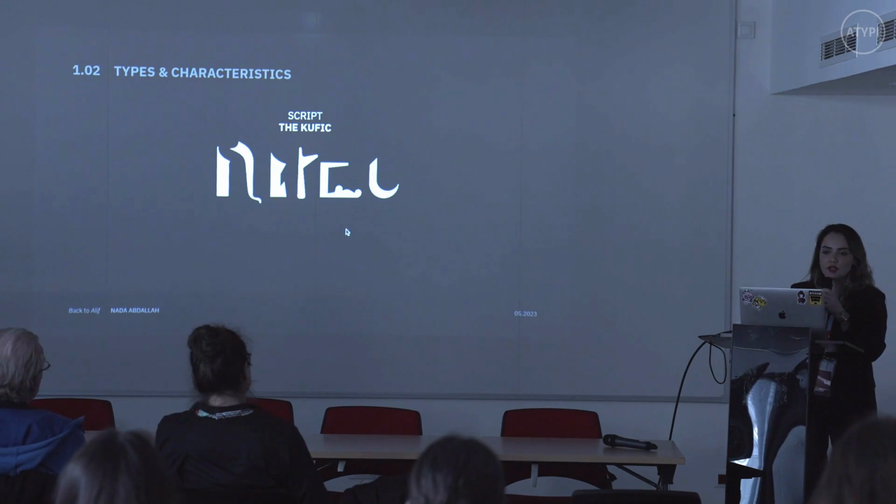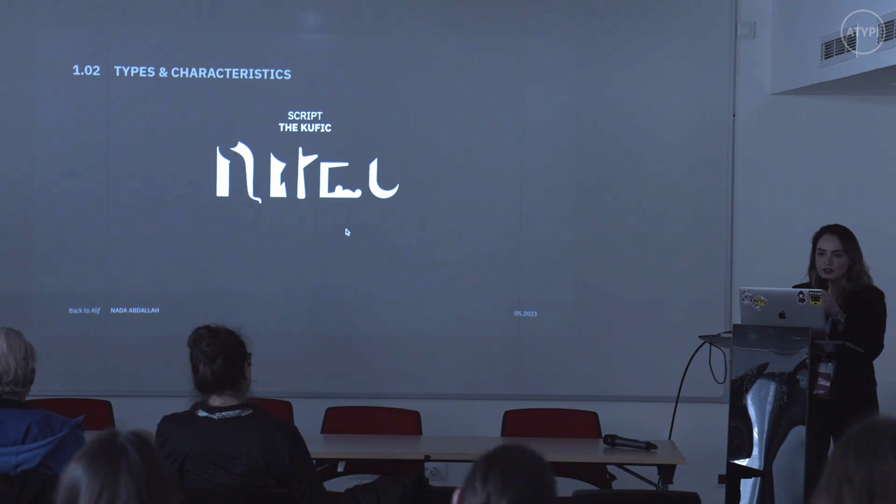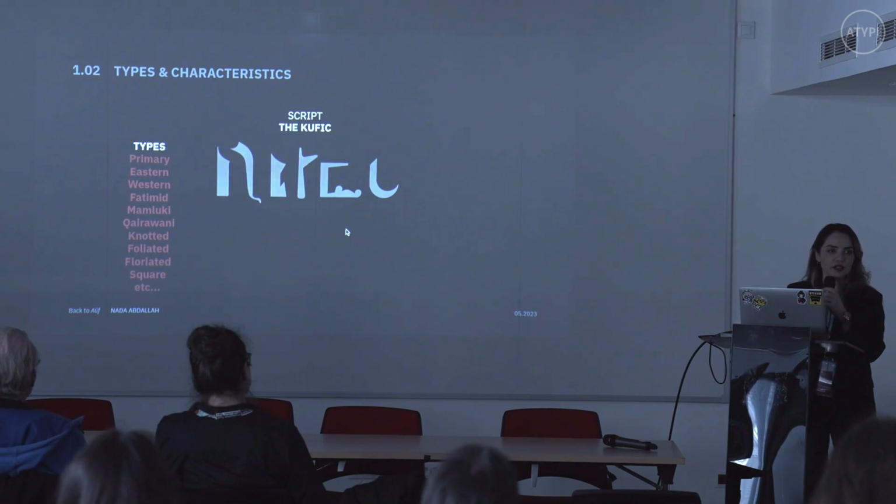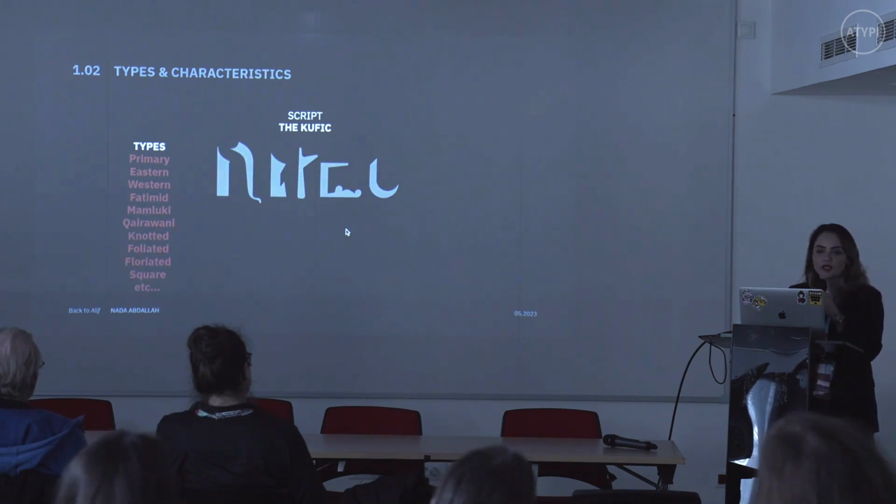So this is just giving you a little visual teaser to start with about the different forms of the Alif of the Kufic script. The Kufic script has many different types, very uncountable, starting with the primary, which is the earliest.